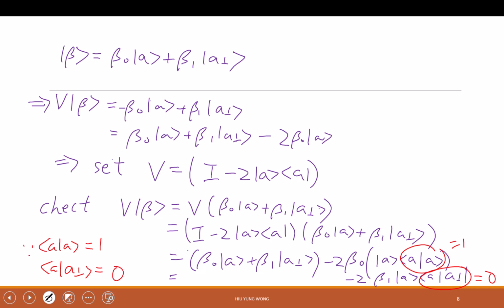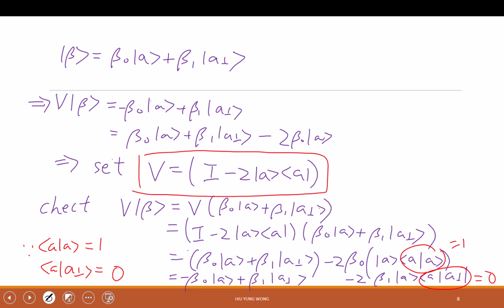So as a result, this equals negative beta 0 A plus beta 1 A perpendicular. Okay, so this is a way to implement the quantum oracle, right? It achieves the purpose. And it makes sense because now it contains A in the quantum oracle, right? Because we're searching for A, there's a way you need to have A. But exactly how to implement it, you need to decompose it into more primitive gates, and that's something we don't discuss here.